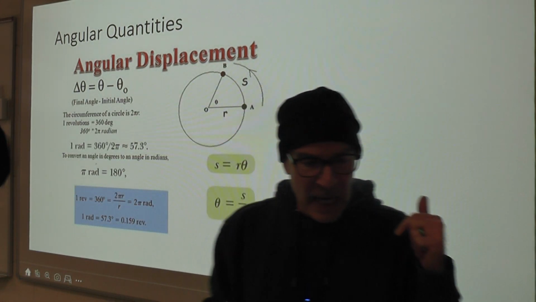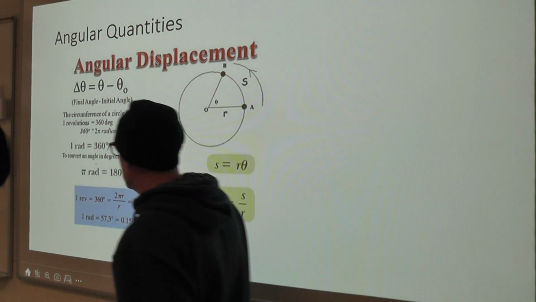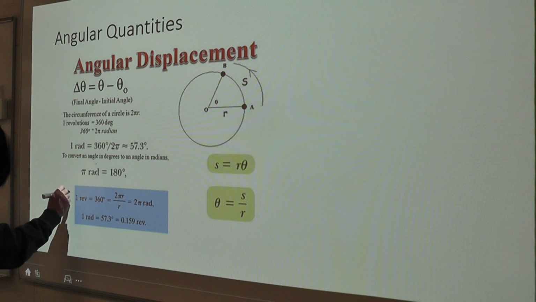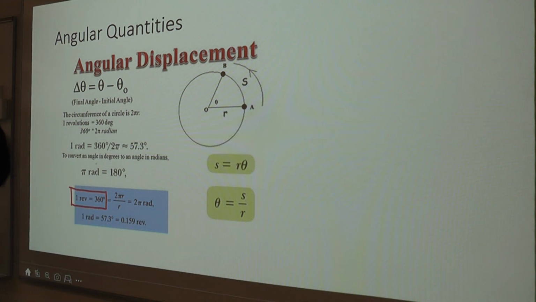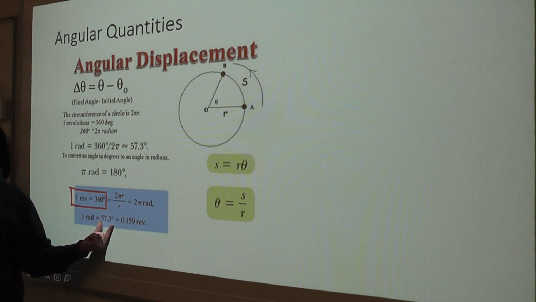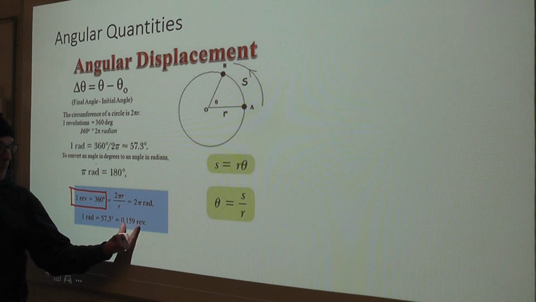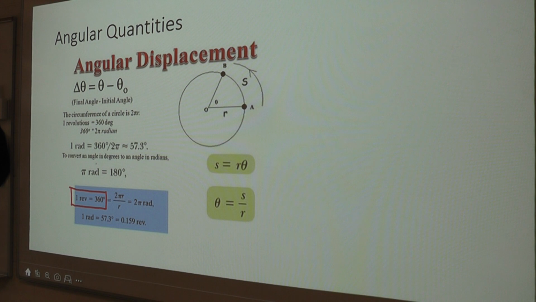So we have some conversion factors, which are that one rotation, one full revolution of something is 360 degrees. And we'll see in a second that that means there's going to be 57.3 degrees, about 60, per radian, and about 0.16 revolutions, about 1/6 of a revolution, in each radian.